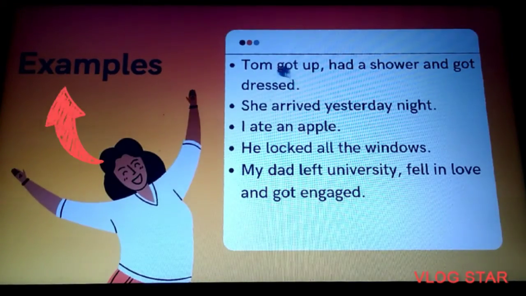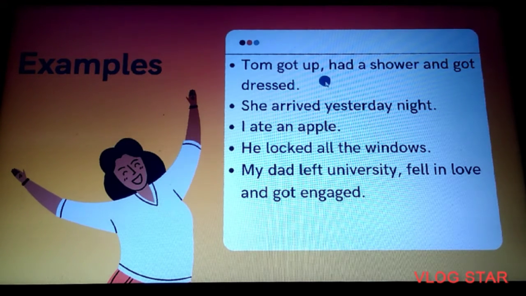For example, Tom got up, had a shower and got dressed. Got up, had a shower and got dressed, it means separate actions which he did. Then, she arrived yesterday night. Here there aren't any actions one by one, there is just one word, but it is also past simple, when we want to say something which happened in the past.